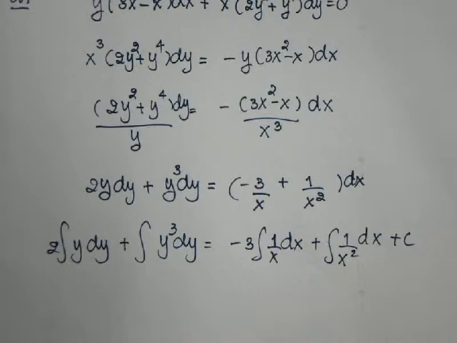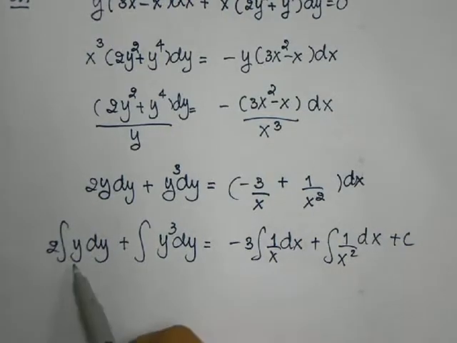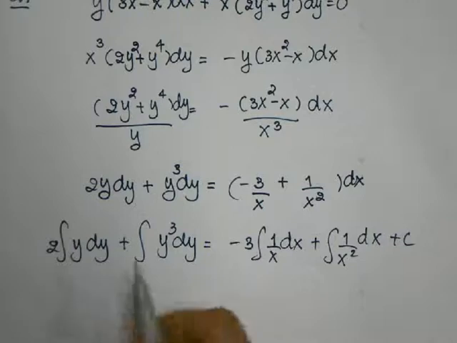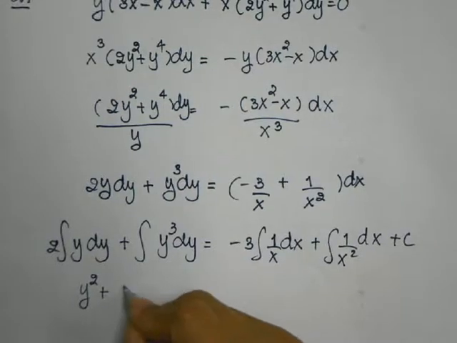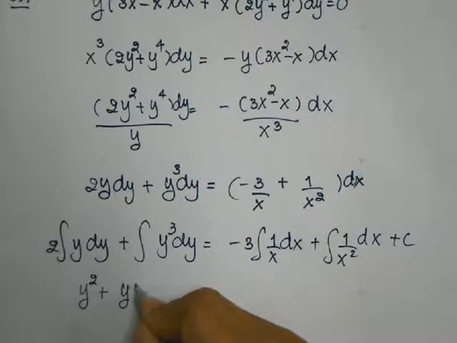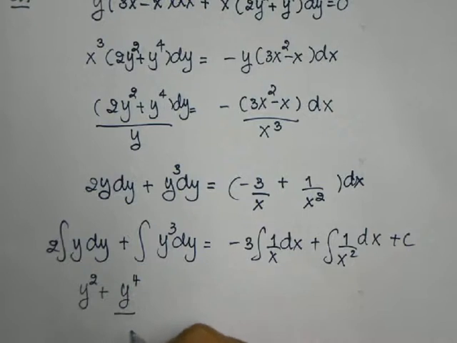On the left hand side, what do you get if you integrate it? y squared. The second term is plus y to the power 4 divided by 4.